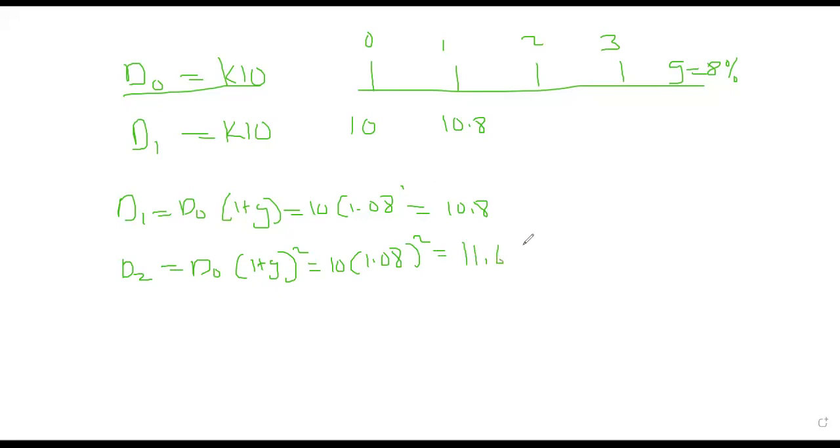So this is what you get for year 2, 11.66. There's no harm: if you found your growth rate as 8%, just put 1.08 and keep multiplying the subsequent years by 1.08. So 10 times 1.08 is 10.8, 10.8 times 1.08 is 11.66, 11.66 times 1.08 goes on and on. This will be 12.60. Are we together?